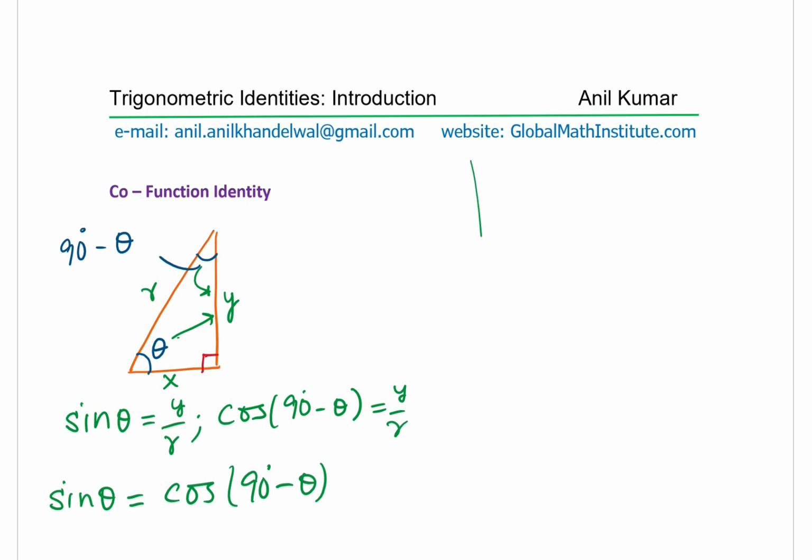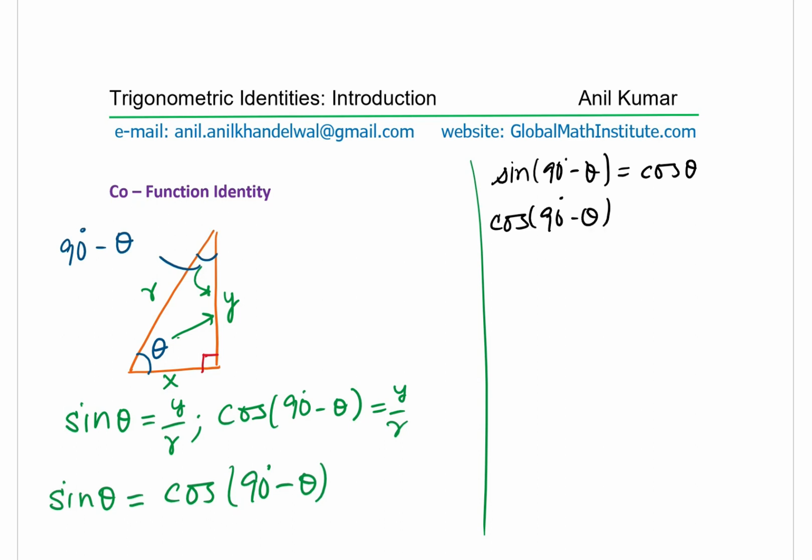So that brings us to three important identities once again, which we could normally write as sine of 90 minus theta equals cos theta. They're all in degrees. Cos of 90 minus theta is equal to sine theta, and tan of 90 minus theta is what?